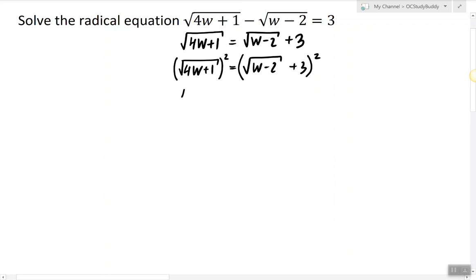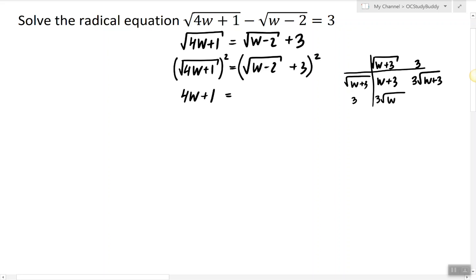The left-hand side then becomes 4w plus 1. However, the right-hand side has to be computed. To square the square root of w minus 2 plus 3, I'm just going to multiply it carefully. The square root of w minus 2, squared, is just w minus 2. The square root of w minus 2 times 3 is 3 square root of w minus 2, and the same over here.